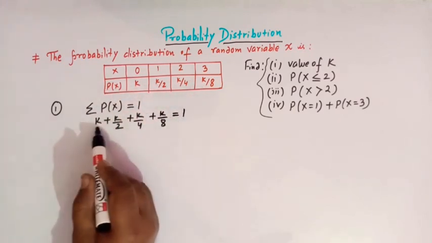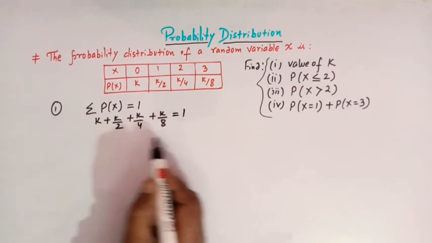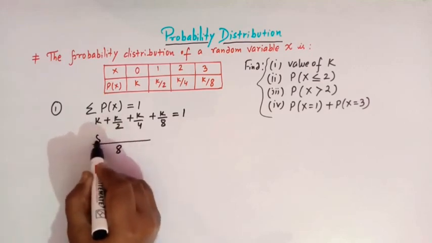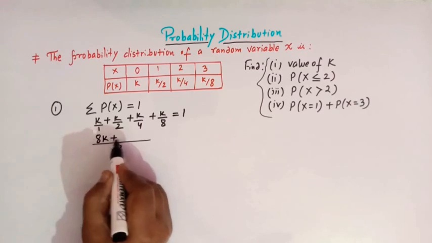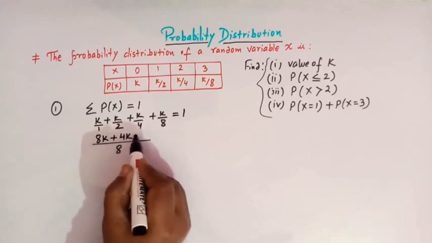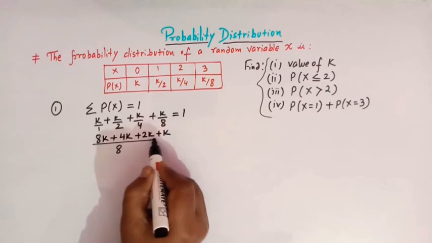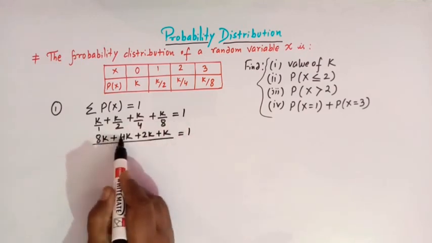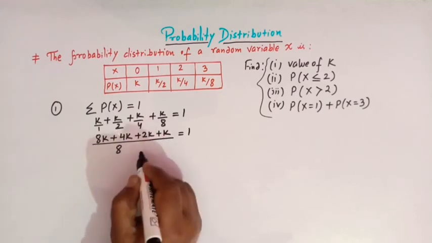Now we can simplify this expression, and we can take 8 as the LCM. So we have here k over 1, so this is 8k, this is 4k, this is 2k, and this is simply k, right? And this is equal to 1. So 8 plus 4 is 12, plus 2 is 14, plus 1, that is 15.